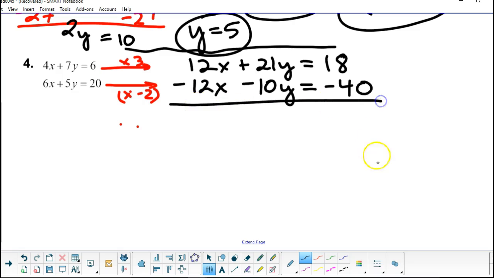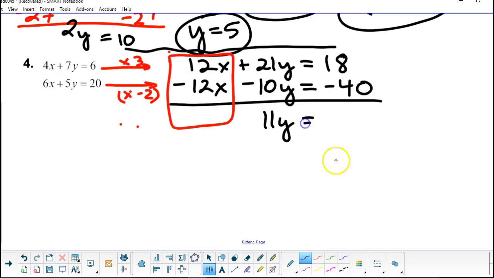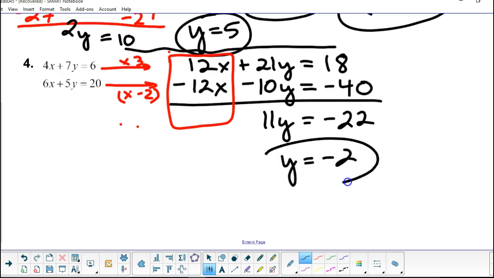And we combine the terms here, and you can see that the 12x and the -12x are going to cancel out. So there's no more x's in the problem. We're only dealing with y's. 21y plus -10y would be 11y. And 18 minus 40 is -22. So we can see 11y equals -22. Y is equal to -2 when you divide that out.